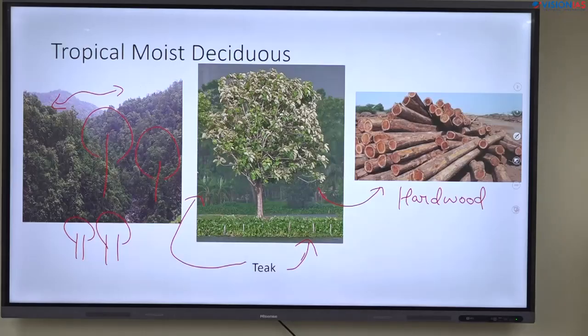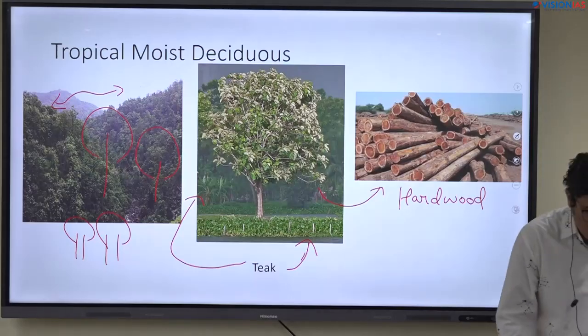So if this hint comes in your exam, you are looking at a question and this hint comes, teak is the major species, just this one hint can give you the answer. Just select your answer, deciduous forest, because teak is the major species of deciduous forest. That single hint can give you the correct answer. Okay, so underline this: teak, major species.